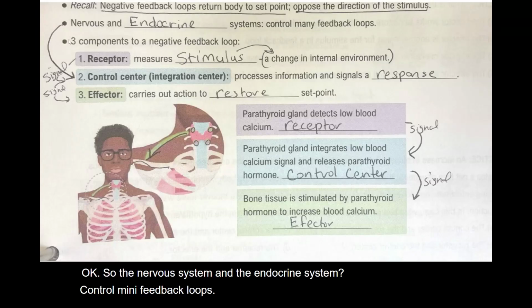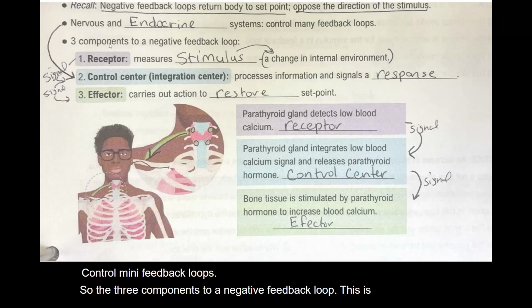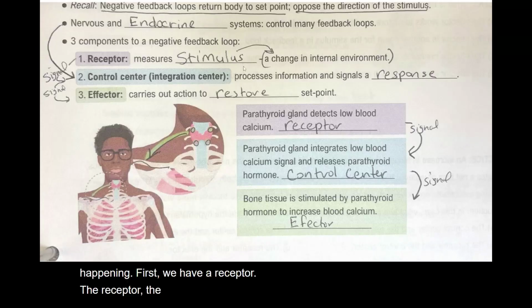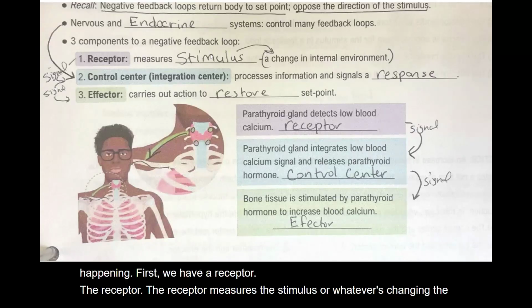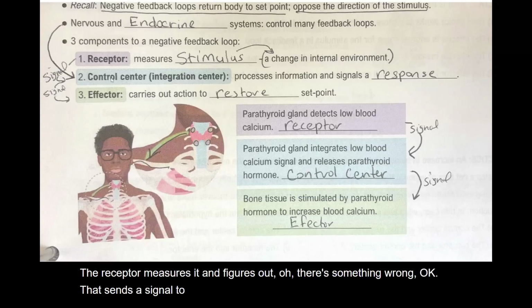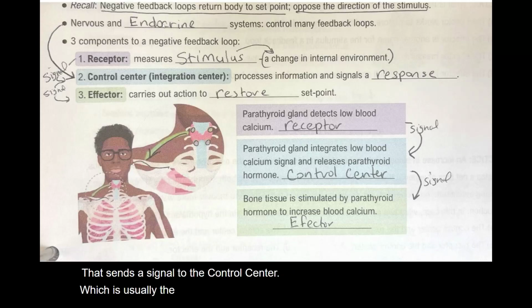So, the three components to a negative feedback loop. This is how it's happening. First, we have a receptor. The receptor measures the stimulus or whatever's changing. The receptor measures it and figures out, oh, there's something wrong. Okay? That sends a signal to the control center, which is usually the nervous and the endocrine system.